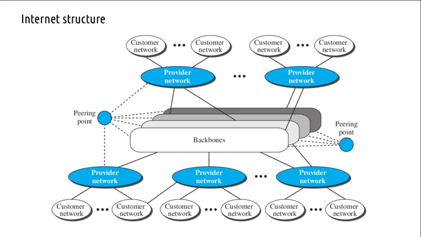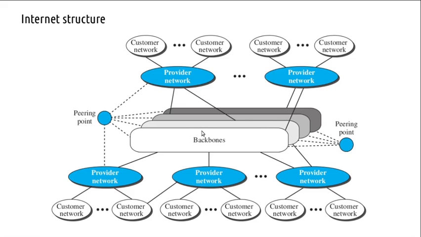So we discussed the internet structure. We saw that there are backbones, which are private, not owned by any government, but by private carriers like Tata, Lumen, NTT Docomo, and all such telecom companies serving the internet.